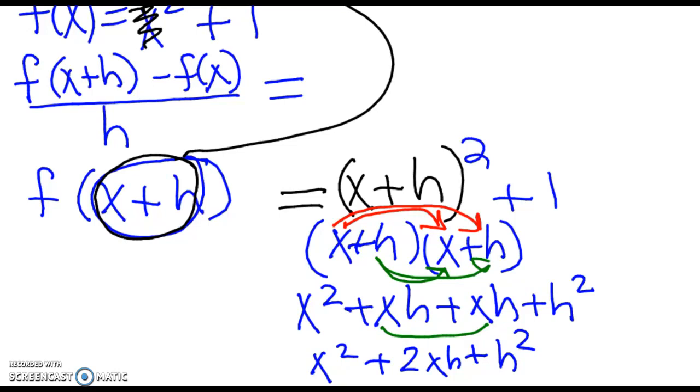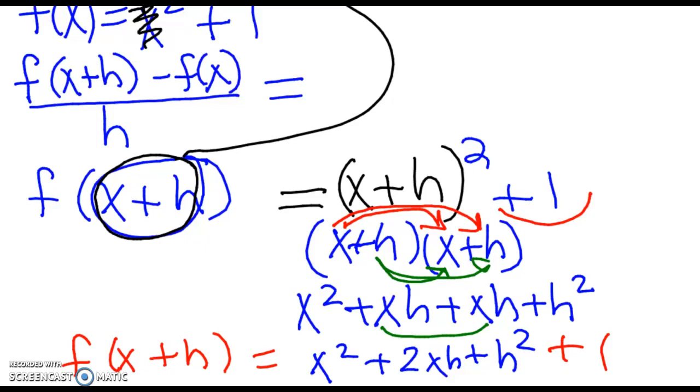But don't forget, we still have this plus 1. So I'll put a plus 1 here. So f of x plus h equals x squared plus 2xh plus h squared plus 1. Now we need to subtract from this function the original function f of x.